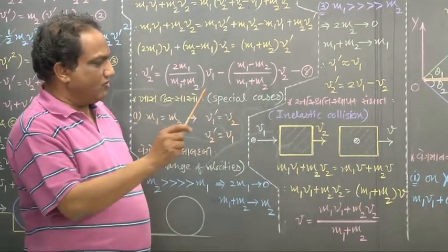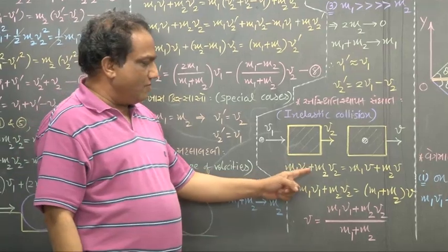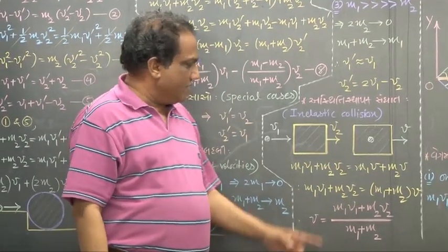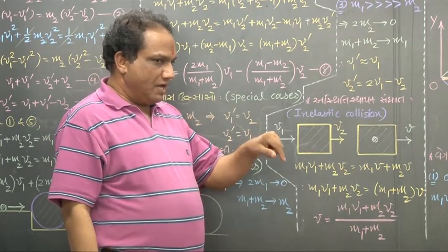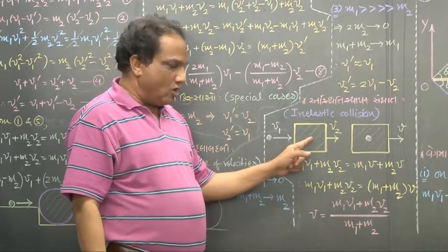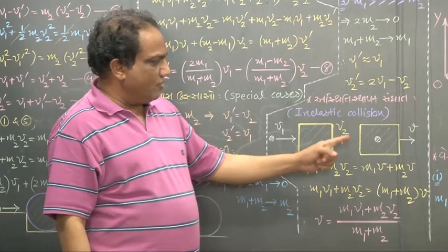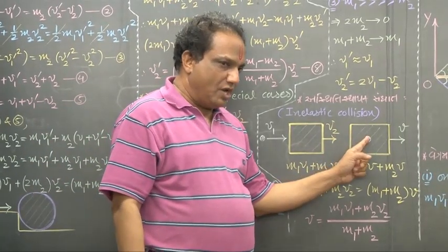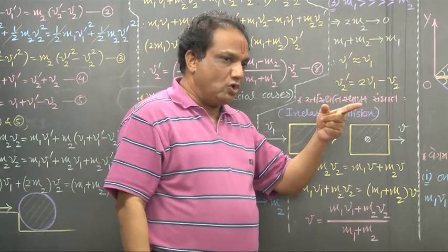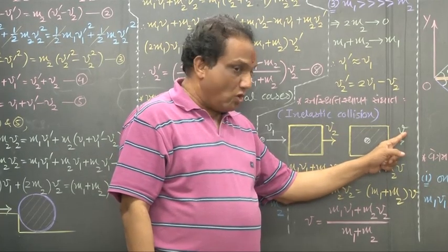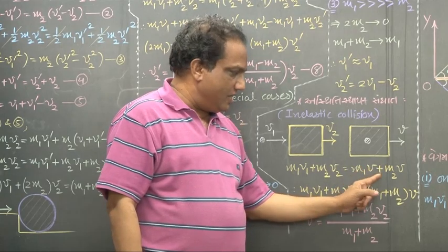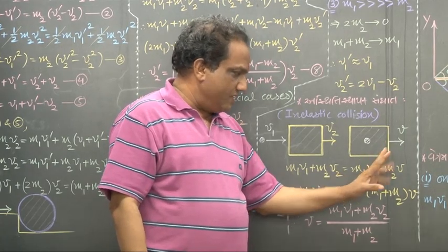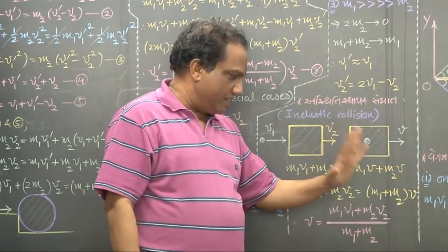According to the law of conservation of linear momentum, initial momentum equals final momentum. Initial momentum of the bullet is m1 v1 plus initial momentum of the block m2 v2. Final momentum is mass into velocity, and the final velocity for both bullet and block is the same, so it is m1 v plus m2 v.